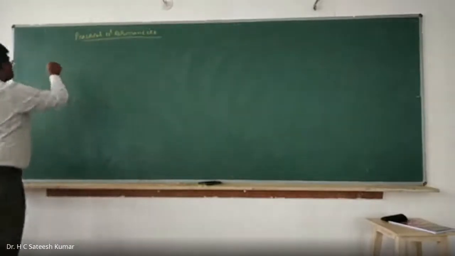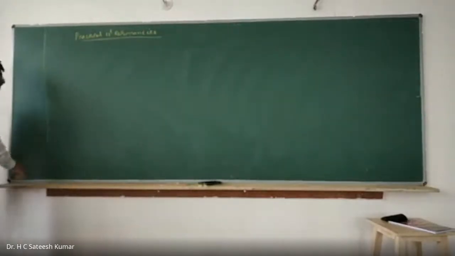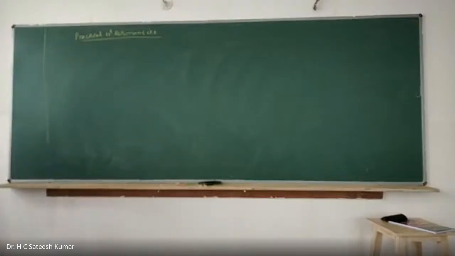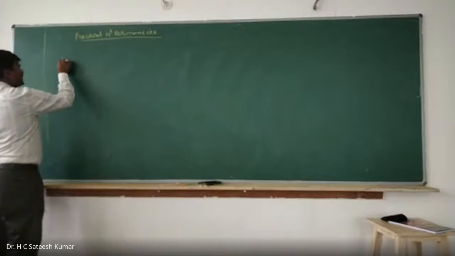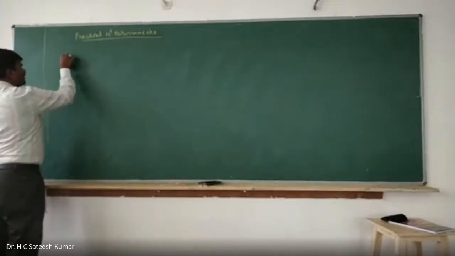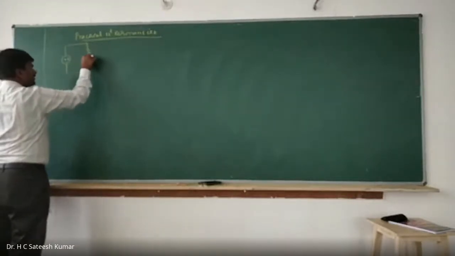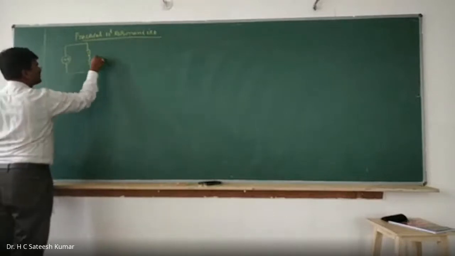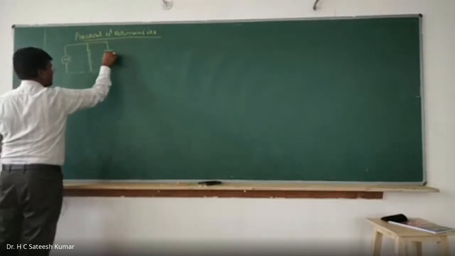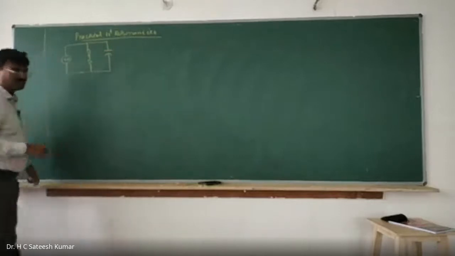What is the practical parallel resonance circuit? That is the second circuit I gave in the beginning, in the last class. Why do we call it practical? Let us say a resonant circuit with an inductance in series with a resistance, and a capacitor. This is known as the practical parallel resonant circuit.